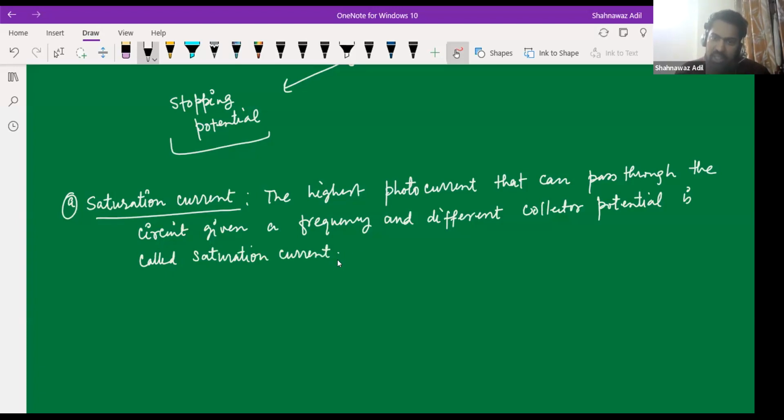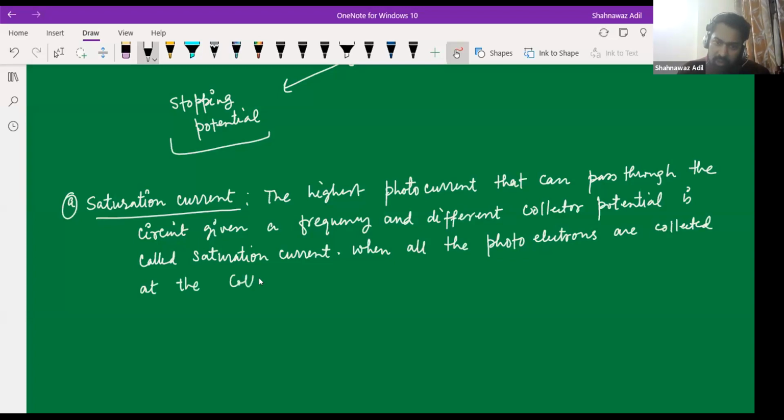And also we can say that when all the electrons, or I should say photoelectrons, are collected at the collector potential, then it is called saturation current, right?